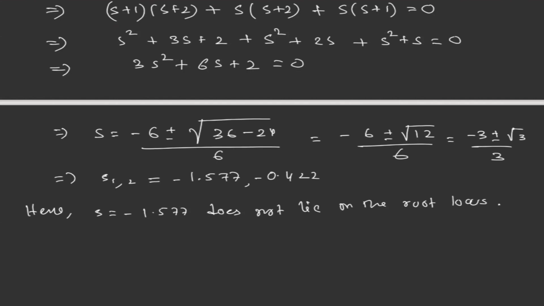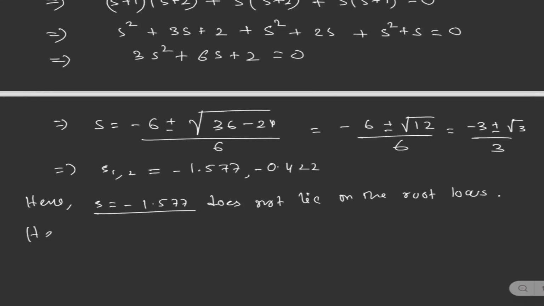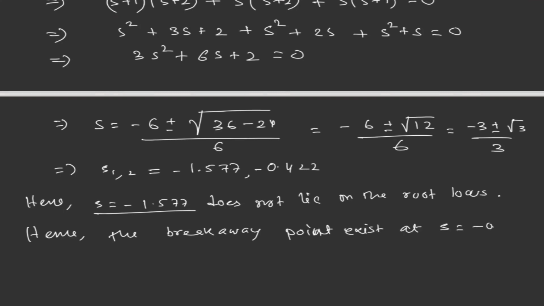So this is not a desirable point for the root locus to be a breakaway point, and hence the breakaway point exists at s equal to minus 0.4226. Now let's find the angle of asymptotes.